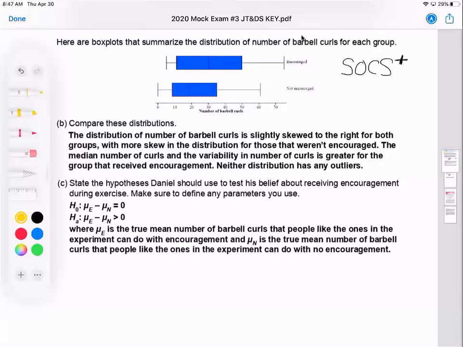So we have the distribution of the number of barbell curls. We have shape in context: slightly skewed right for both groups. The median number of curls addresses center. The variability or spread of the number of curls is greater.